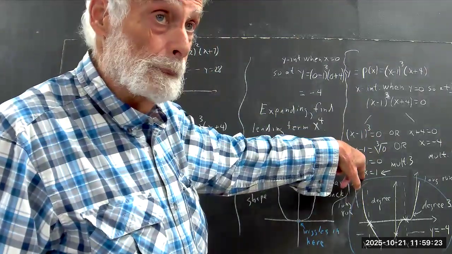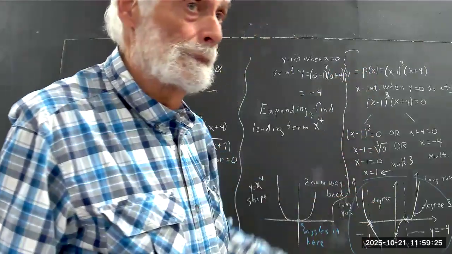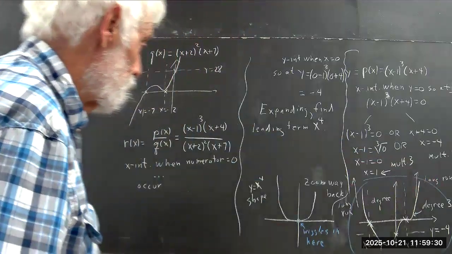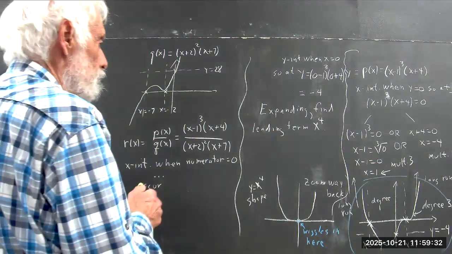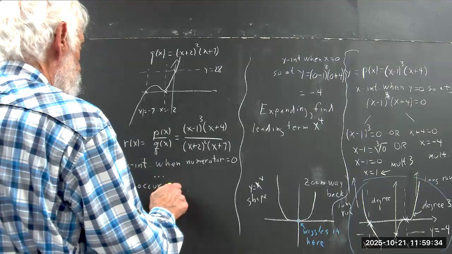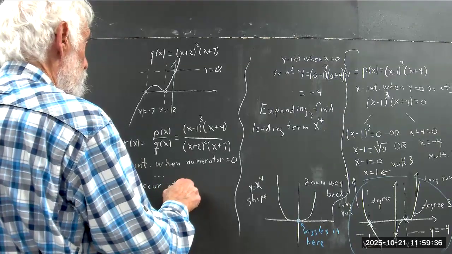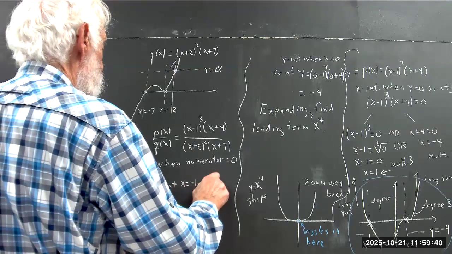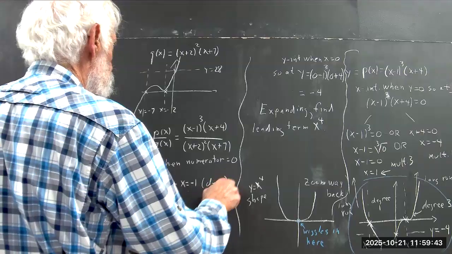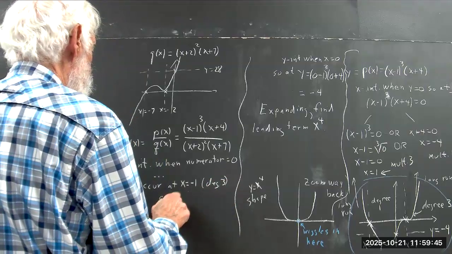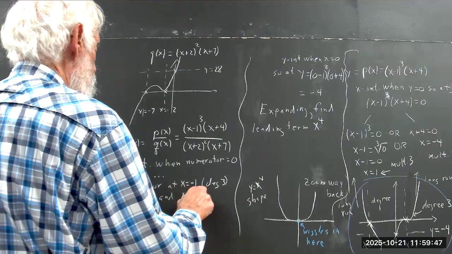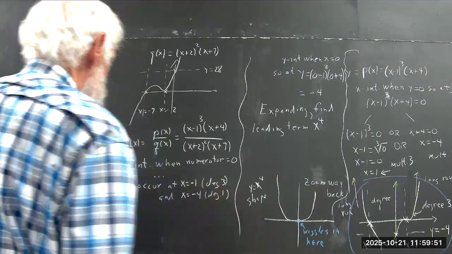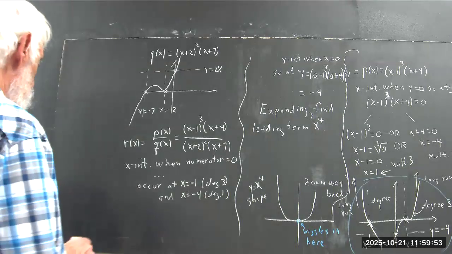I already did it over here. But you would go through all this, but you wouldn't do the graph. I'll show you what you would do. You get that occur x equals -1, and you list the degree. That's going to be degree 1.